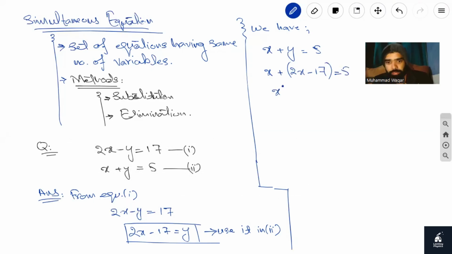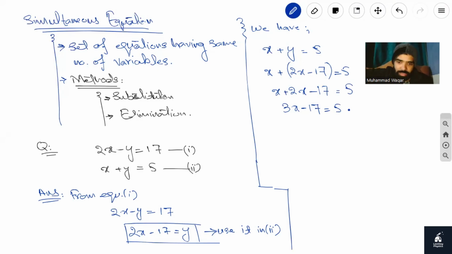Then we'll just simplify the left-hand side. So we would have x plus 2x minus 17 equals 5. Writing like terms together, it'll be 3x minus 17 equals 5. We now have the equation only in x.